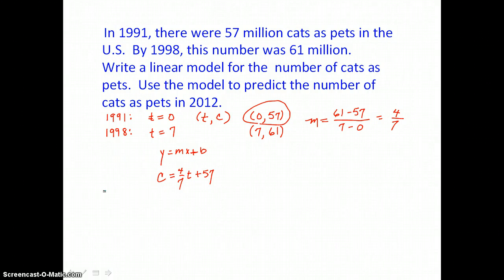So in 2012, which is how many years after 1991? If we subtract, we're going to find out that it's 21 years later. So we want to let t equal 21 in our model and solve for c.